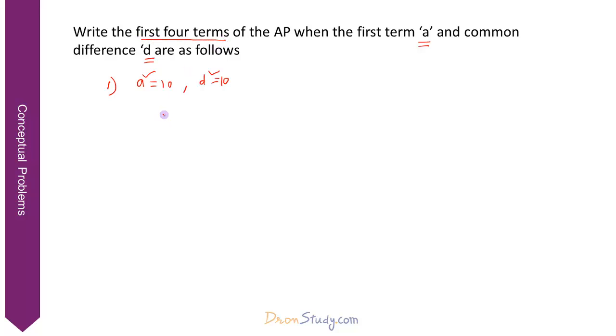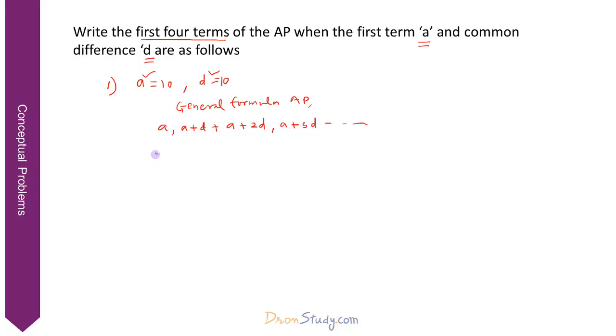As we know, the general formula for AP is A, A plus D, A plus 2D, A plus 3D, and so on.